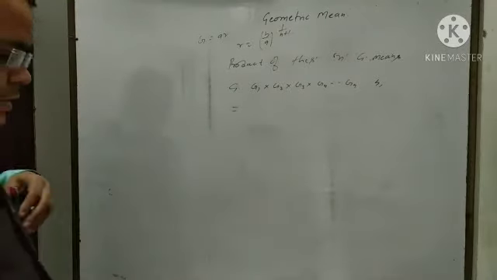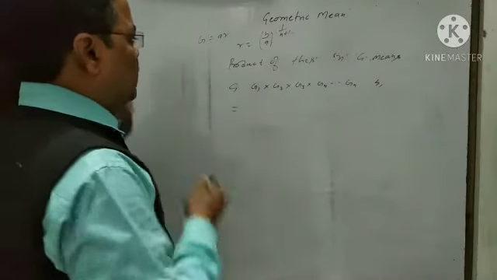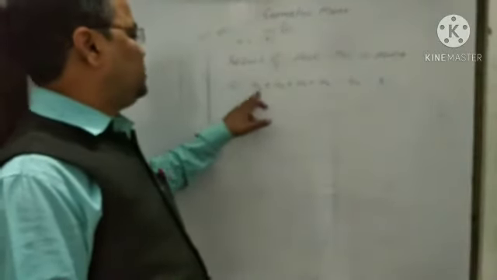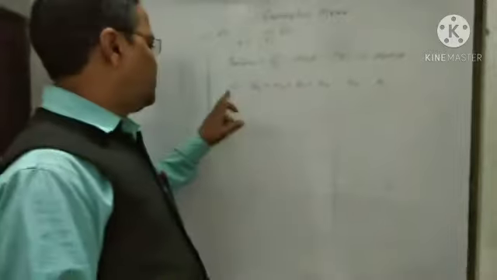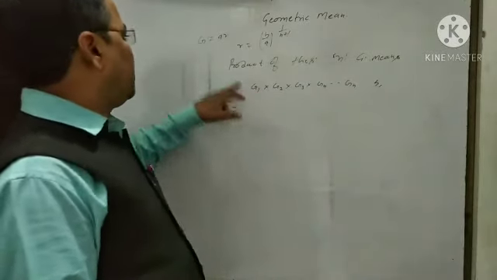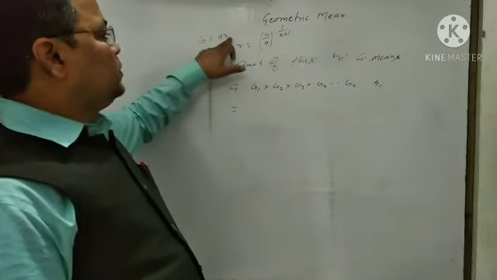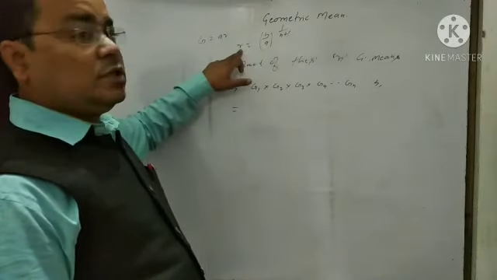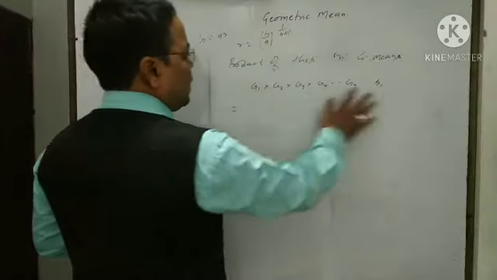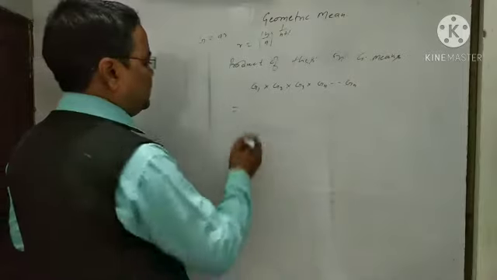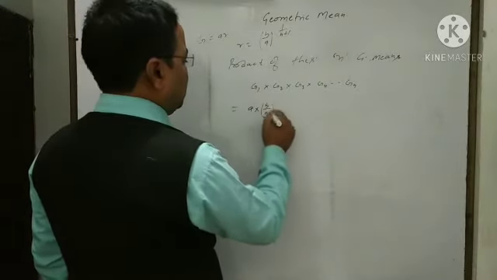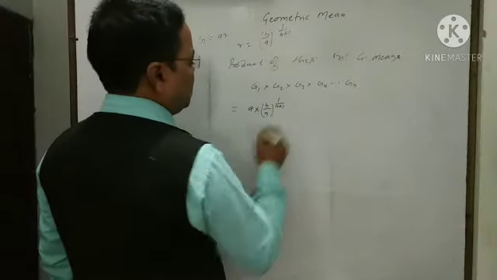Again, I want to tell you, if we take n geometric means G1, G2, G3 up to Gn between two numbers A and B, then G1 will be the second term. And how do we get the second term? First term into common ratio. And what is the common ratio? In this case, B by A raised to the power 1 upon n plus 1. So in this way, in the place of G1, we can write A into R. R means B by A raised to the power 1 upon n plus 1.